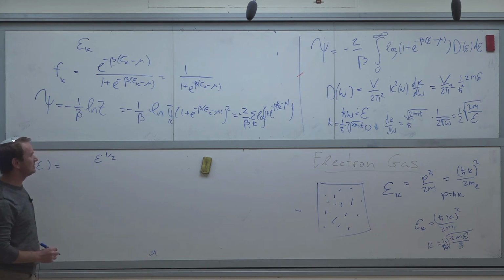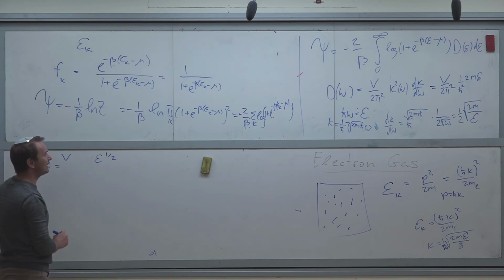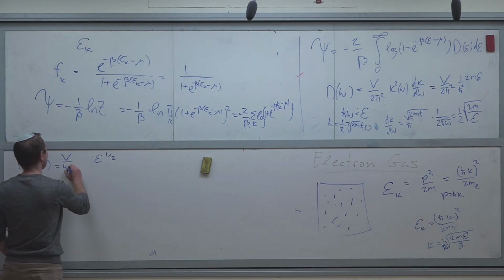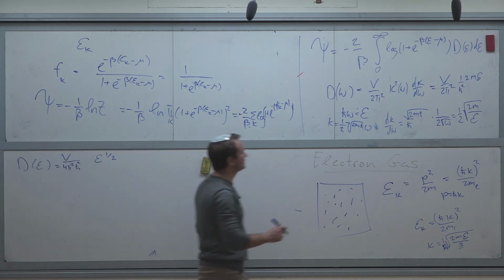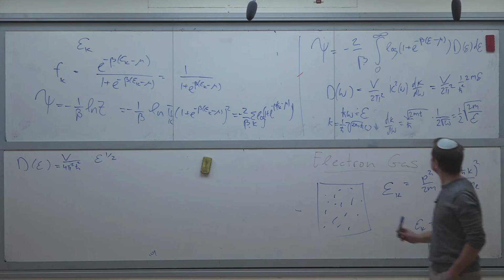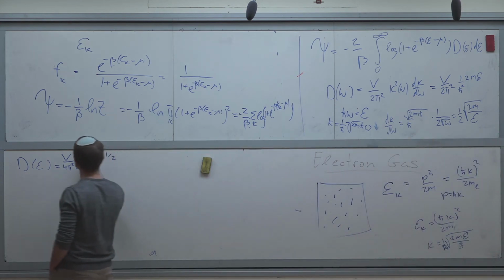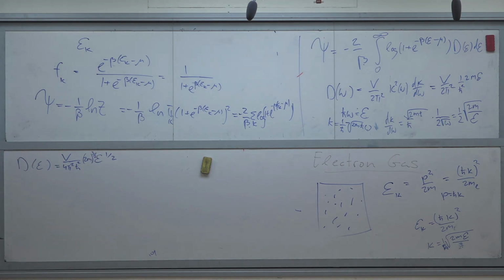We have V divided by 4 pi squared h bar squared, and we also have 2m to the power 3/2.